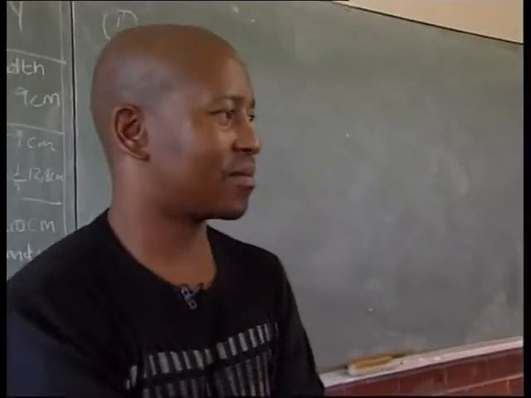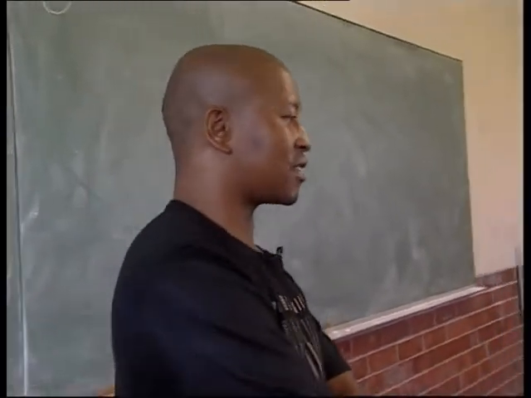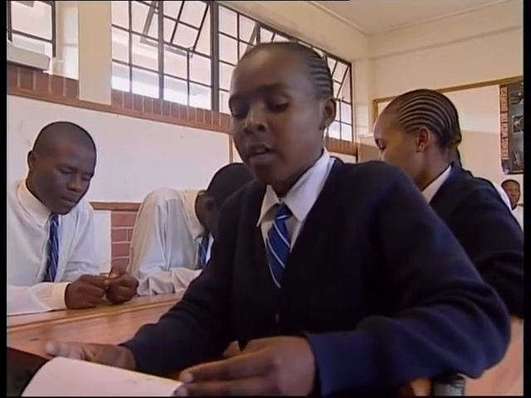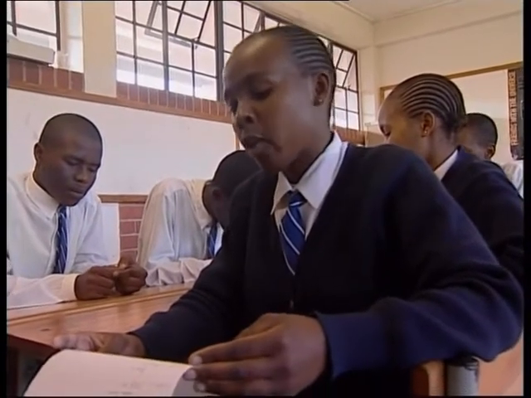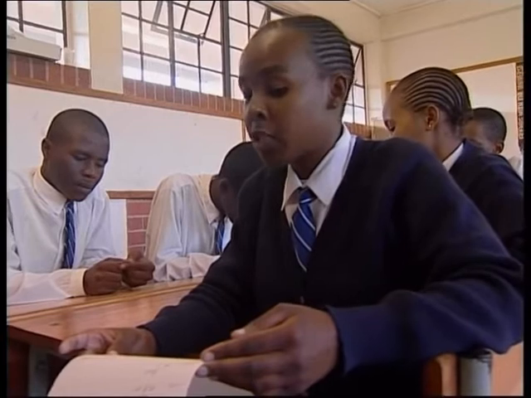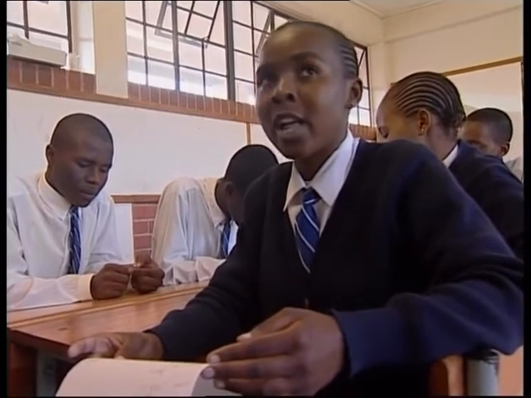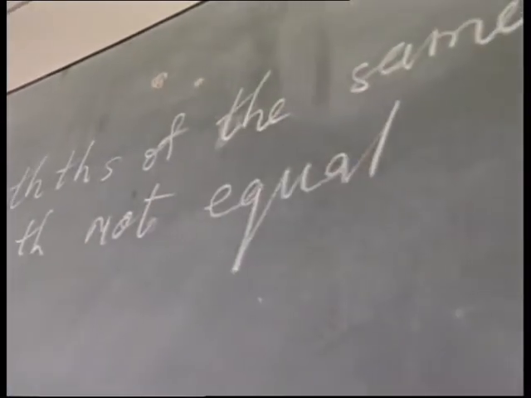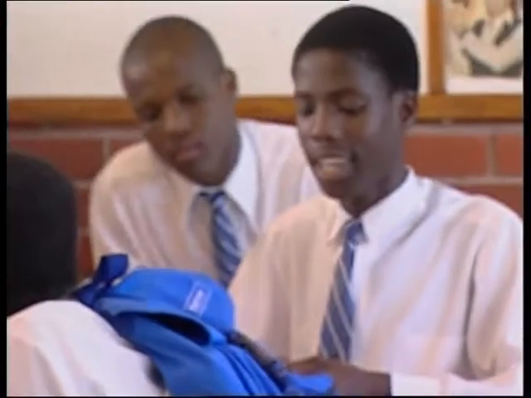Group 1, what were your reasons? In our group, we found that while we were measuring the cloth, we discovered that the width of the same cloth was not equal, which means it was not accurate. The width wasn't equal. Group 2.